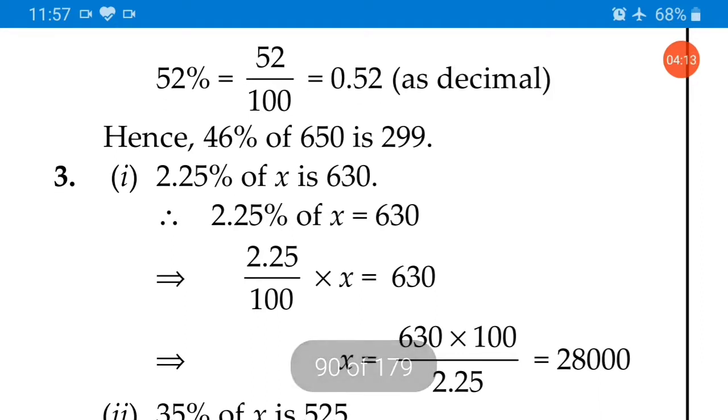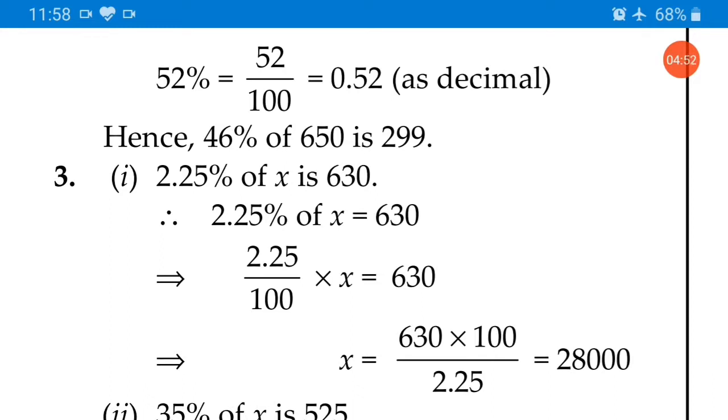Now we have to find x, where a percentage of x is given as 630. It is just conversion, and this type of question is very crucial. So 2.25% of x is equal to 630. We convert 2.25% into a fraction first: 2.25 upon 100 into x is equal to 630.